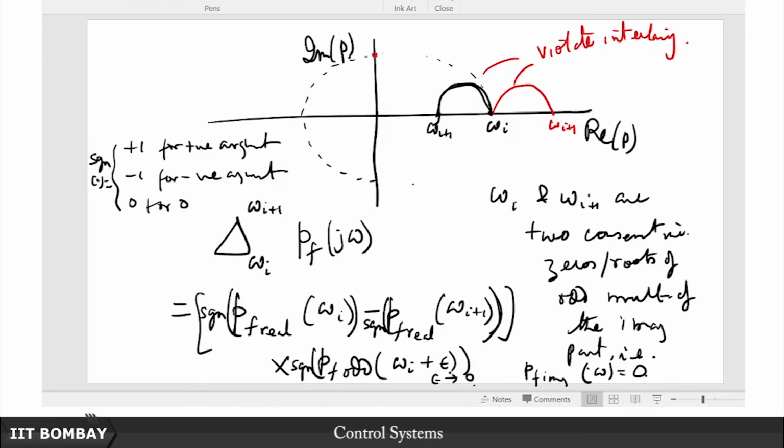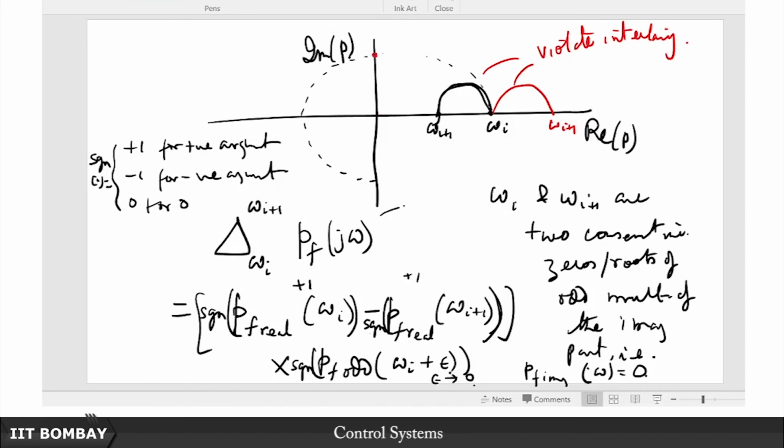So why is this true? Notice that if you look at the value of the real part at omega i, this is positive, so this is plus 1. What about this? This is also positive, because both are on the positive real axis, so this is also plus 1.